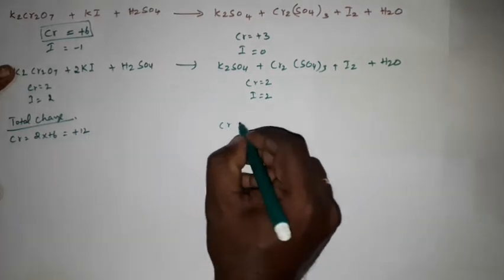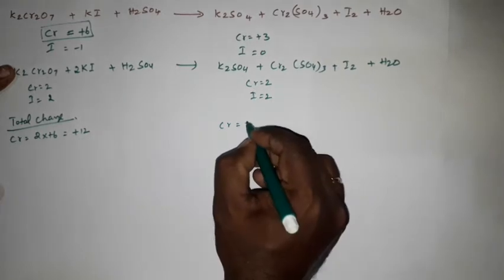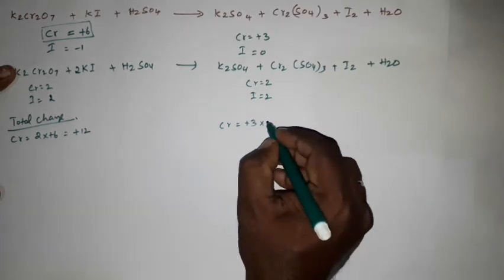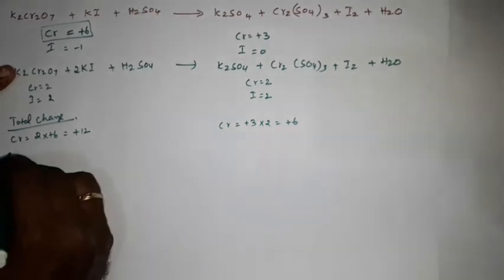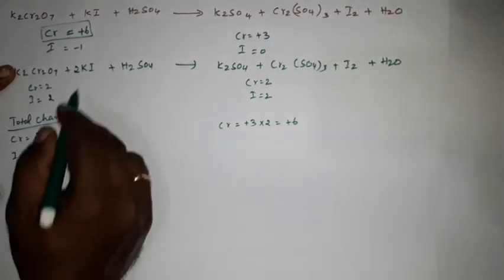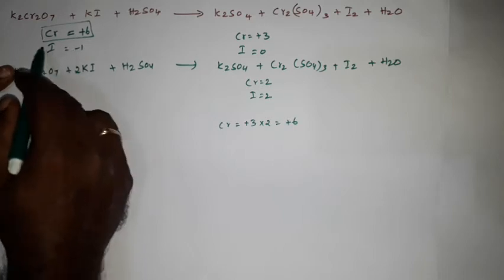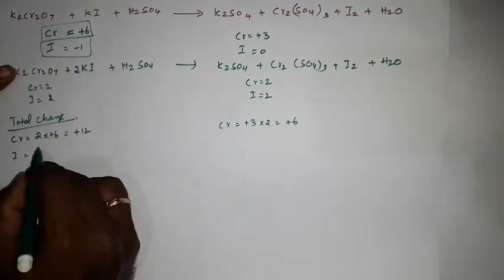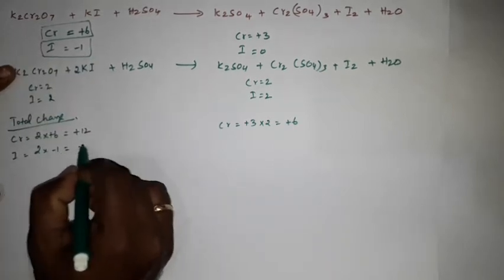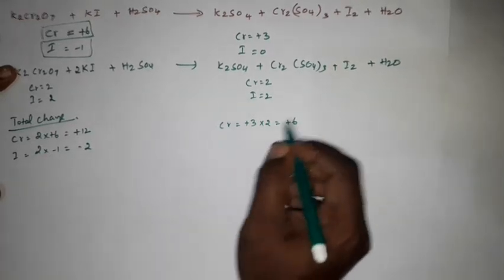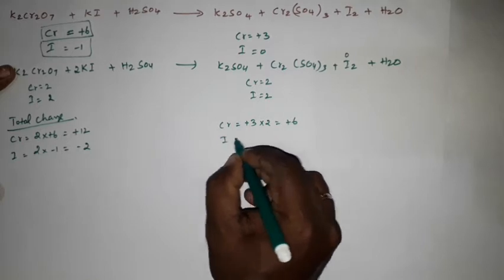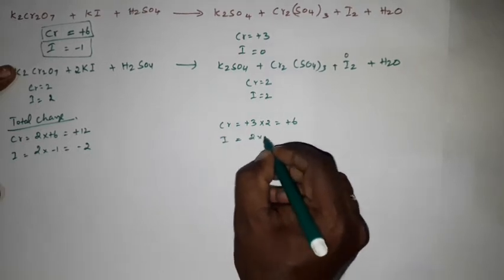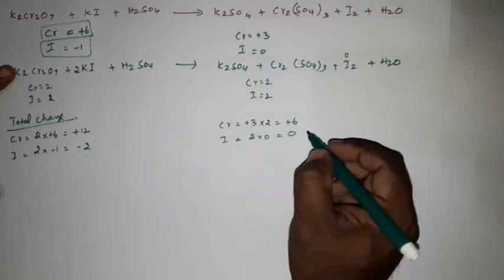Then this side, plus 3 into 2, you get plus 6. Okay. Now for iodine, here 1 iodine, that is minus 1. Now 2 iodine atoms are here, so 2 into minus 1 is minus 2. Here 0, so 2 iodine atoms, it is 0.